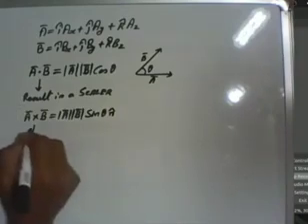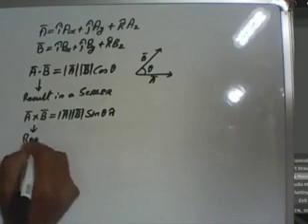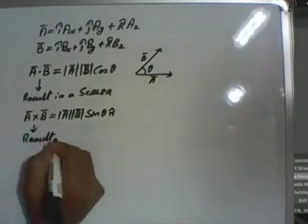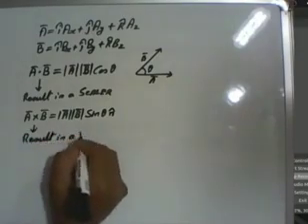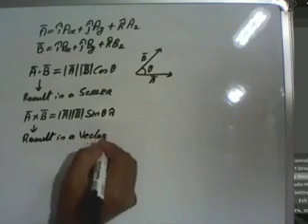So the result of the vector product is a vector, meaning it has a direction.